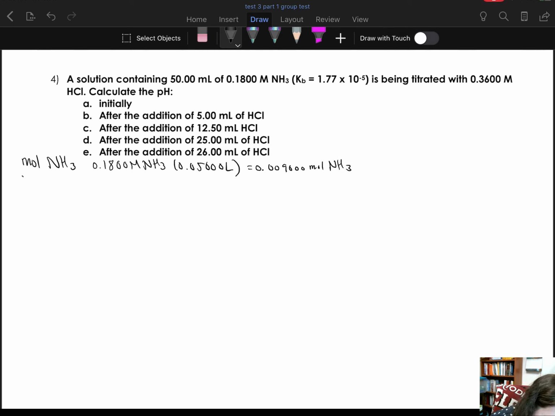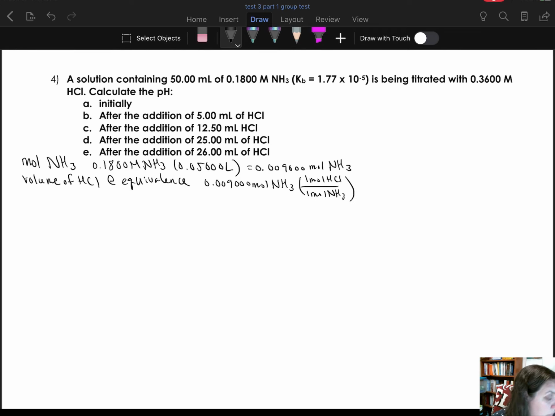Now we want our volume of HCl at equivalence. So we take our 0.009000 moles of NH3, convert it into moles of HCl, which gives us 0.009000 moles HCl.